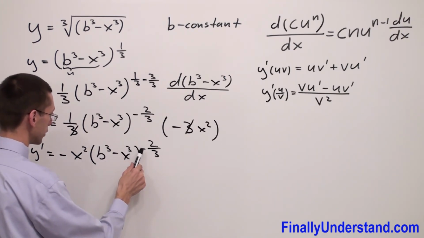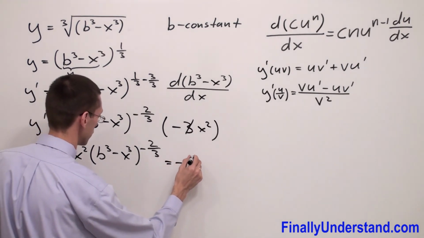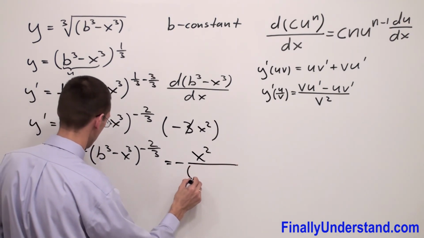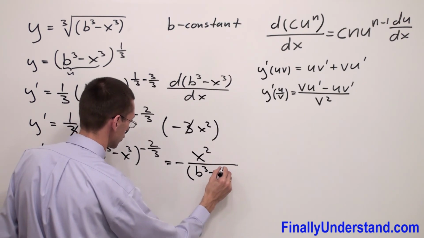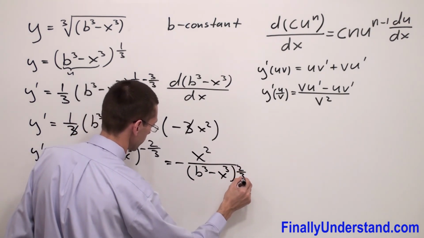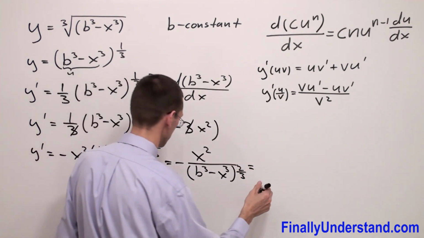I want to convert the negative exponent to positive, so this is equal to negative x squared over b cubed minus x cubed to the power 2/3, and I can convert the fractional exponent to the radical.